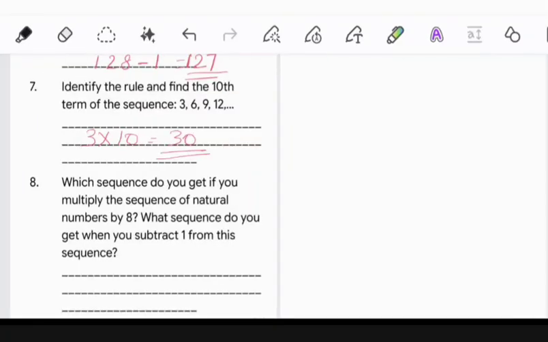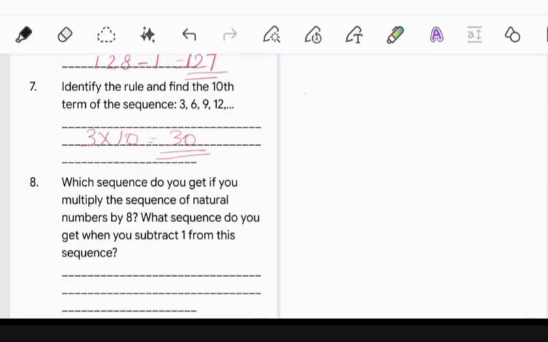Next question, 8. Which sequence do you get if you multiply the sequence of natural numbers by 8? What sequence do you get when you subtract 1 from this sequence?